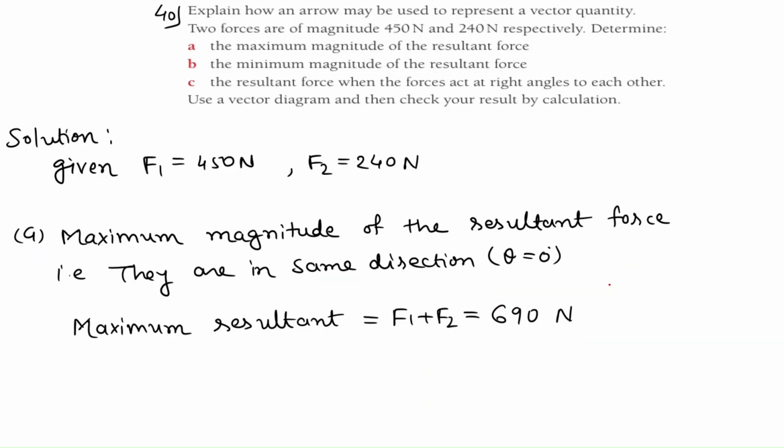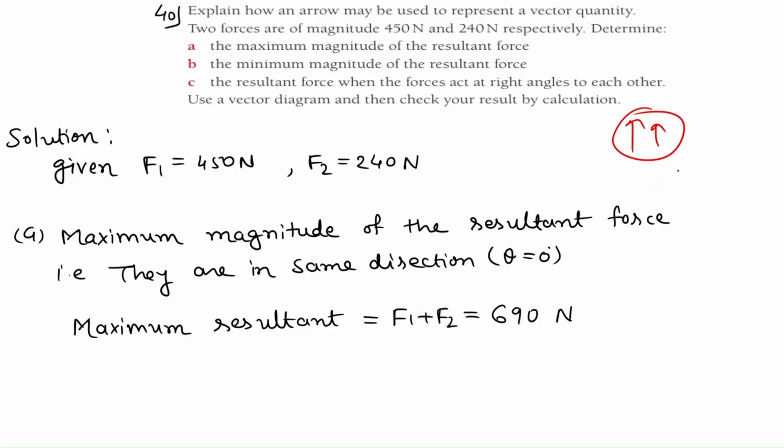Okay, now in question B, they say a minimum magnitude. In order to get minimum magnitude, you have to just use opposite signs. It will cancel out and give the minimum value. First we saw a maximum magnitude if both vectors point in the same direction.